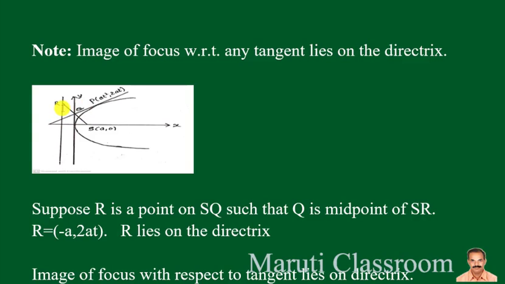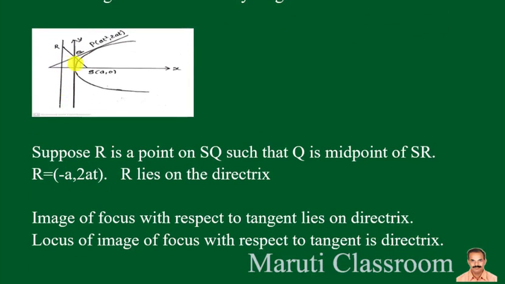And if we prove R lies on the directrix, then the image lies on the directrix. We know S and Q, we have to find R. Because we know 2 points, we can easily find the third point, because the midpoint of SR is Q. Assume R equals (h, k), find the midpoint of SR and equate it to Q, then the R point will come. So R equals (minus a, 2at). Because its x coordinate is minus a, this point lies on the line x equals minus a, which is the directrix.